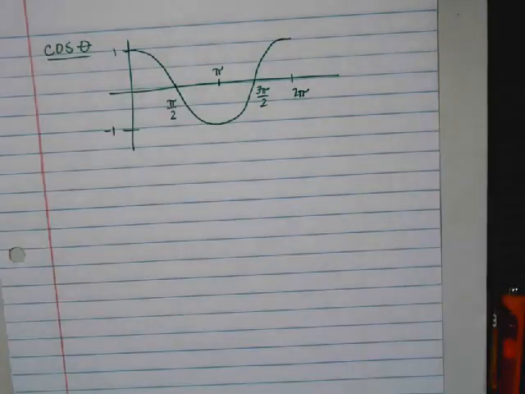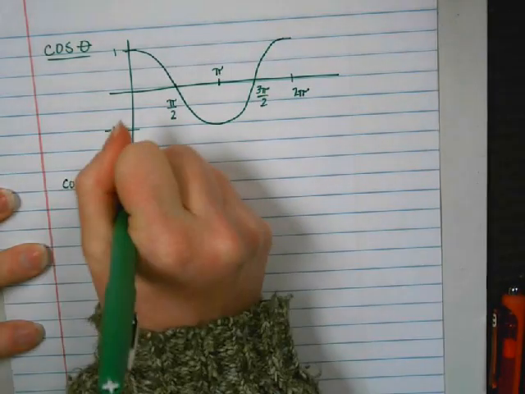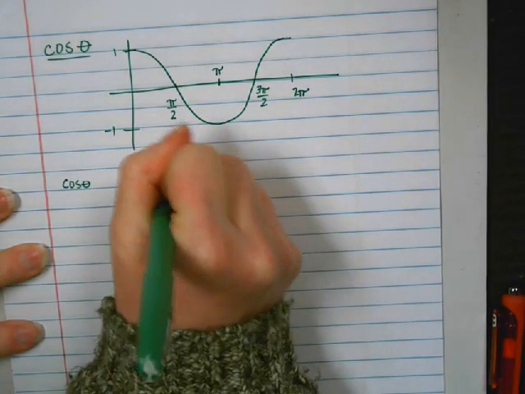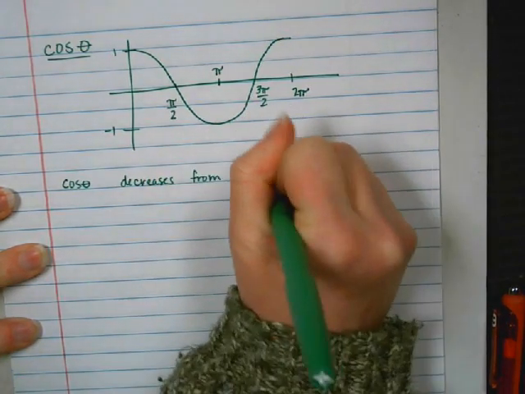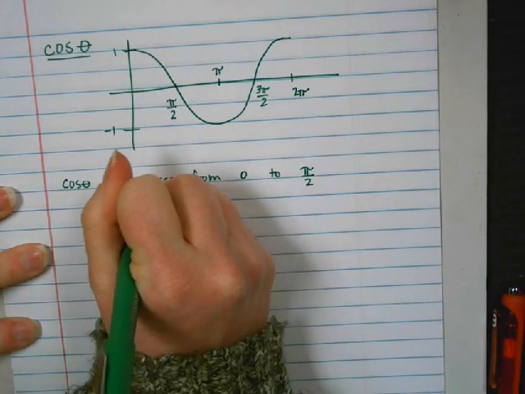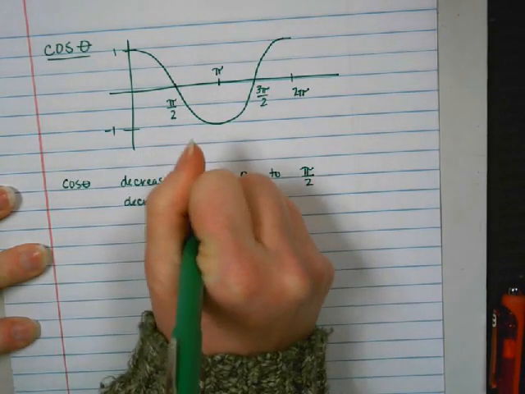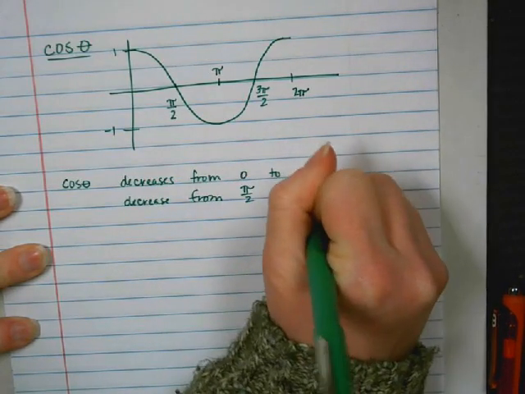So if we want to talk about what it does, cosine of theta decreases from 0 to half pi, and it continues to decrease from half pi to pi.